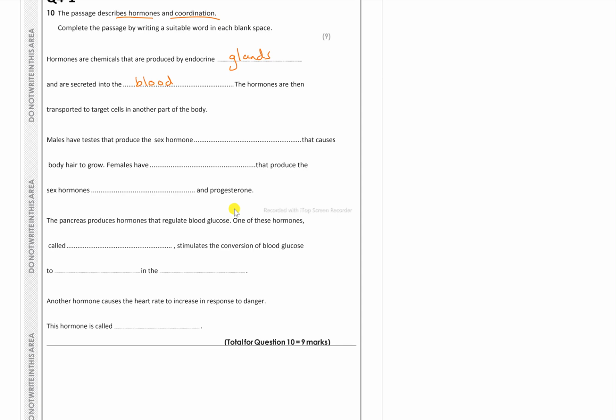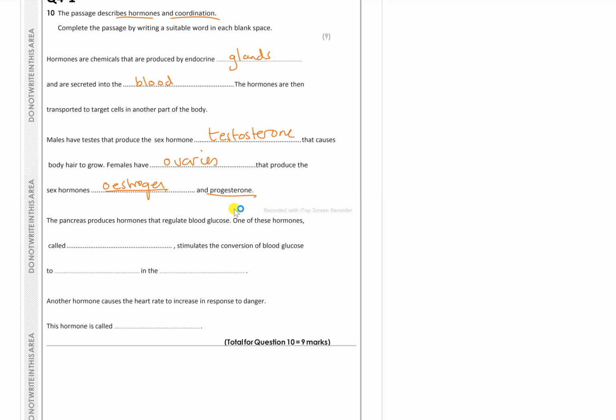The hormones are then transported to target cells in another part of the body. Males have testes that produce the sex hormone called testosterone. Females have ovaries that produce the sex hormone called estrogen. So they produce estrogen and progesterone.